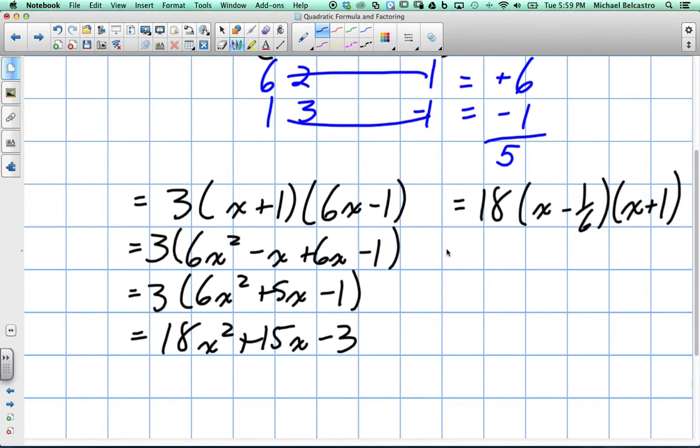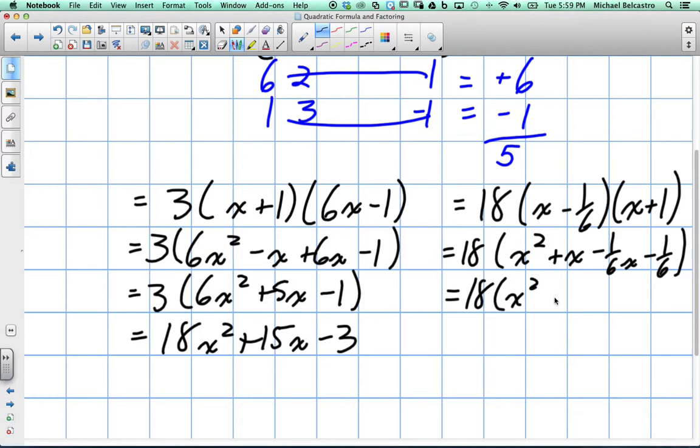In this version, we have our 18, x times x is x squared, x times 1 is x, -1/6 x, and -1/6. Collect our like terms, 18 times x squared, and this would become +5/6 x, and that becomes -1/6, okay? And then we distribute 18. 18 times x squared is 18x squared.